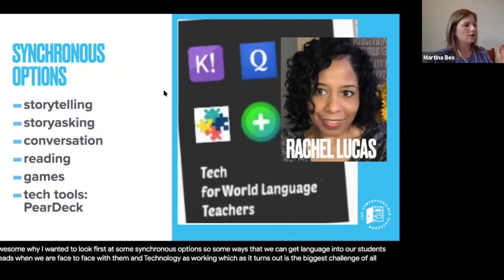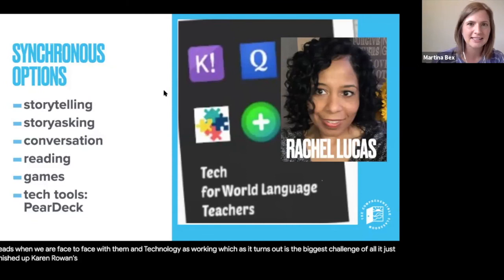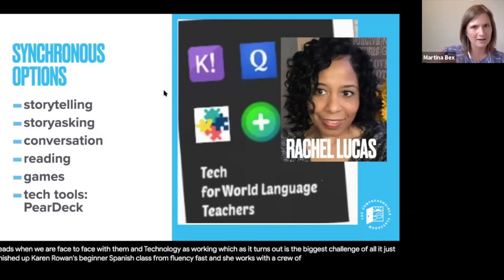And while I'm doing that, I can also write words that I'm using in the target language, which for me is Spanish, and then write the English meaning next to them to support comprehension. My mom was here just the other night, and she just finished up Karen Rowan's beginner Spanish class from Fluency Fast, and she works with a crew of Guatemalan migrant workers on my family's farm in upstate New York.